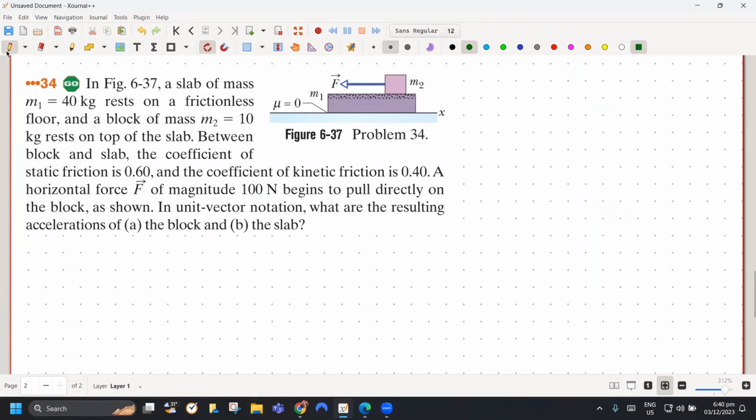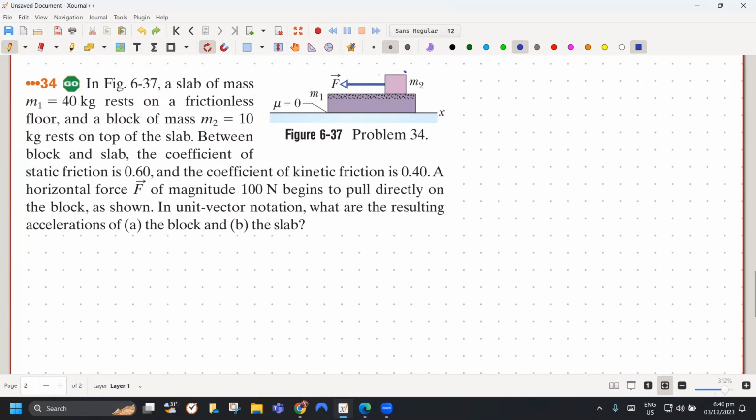So, a slab of some mass rests on a floor, frictionless, and then the floor is moving? Wait, which one is the slab? Okay, this is the slab, and this is the block.